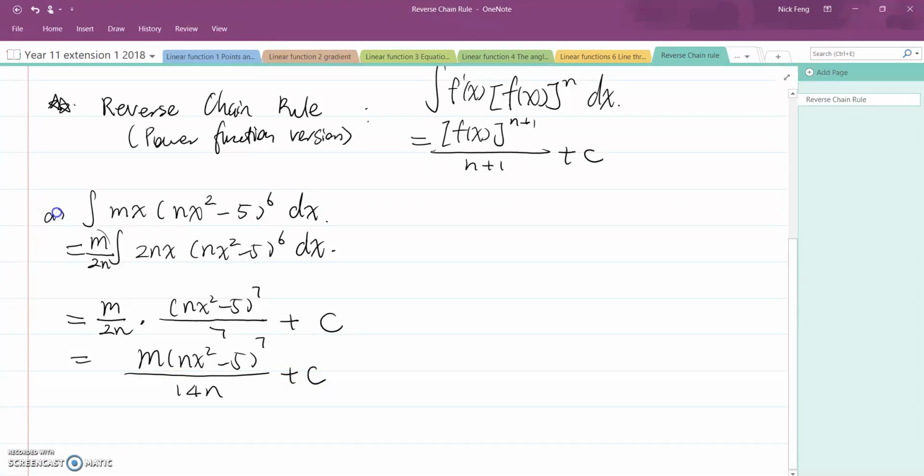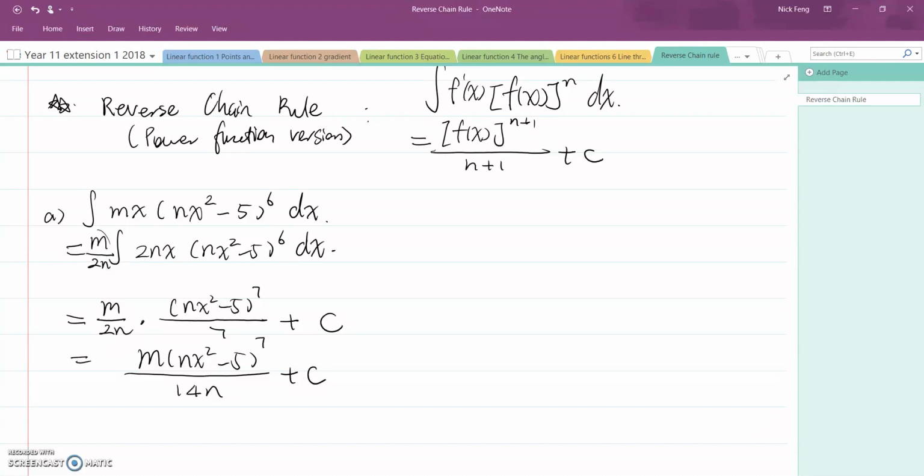Alright, so remember, the way to do actual reverse chain rule is just to recognize which one is the target function, which one is your component. Remember, if the question forces you to do integration by substitution, you can't use reverse chain rule. You have to use the u way. If the question doesn't say that, you can either use the reverse chain rule or integration by substitution. It's up to you.